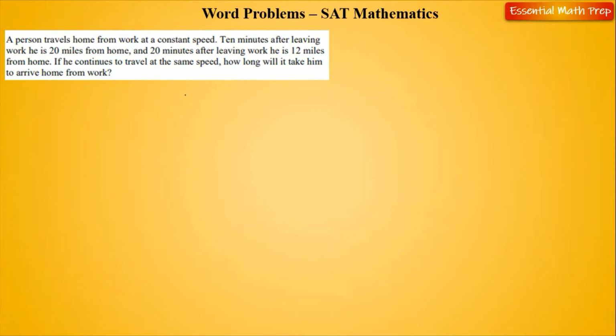In the first problem, the person is traveling from work to home. In other words, his distance is fixed. He's only going to cover a certain distance in the process. Ten minutes after leaving work, he's 20 miles from home, and 20 minutes after leaving work, he's 12 miles from home. If he continues to travel at the same speed, how long will it take him to get home?